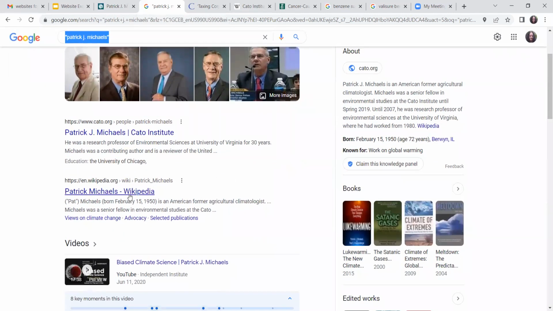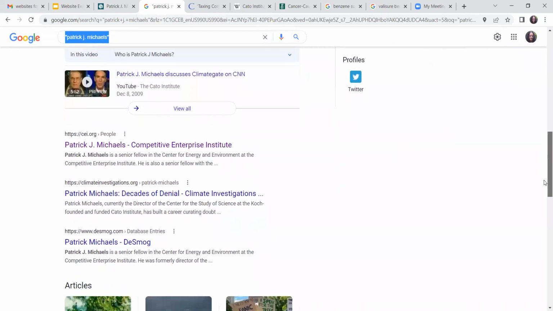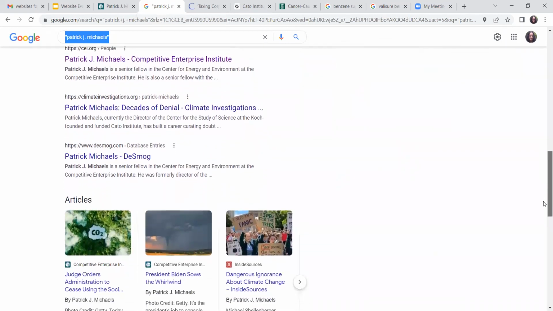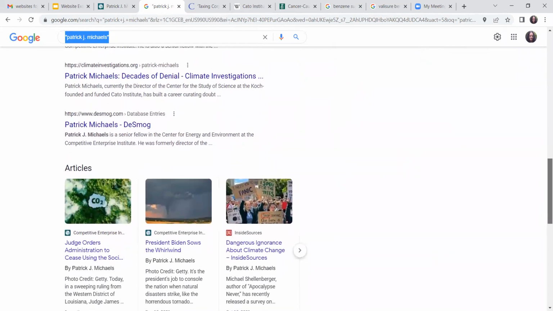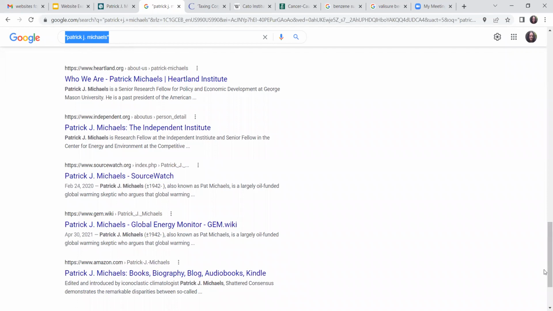There's one Wikipedia page that would be a really good idea to look at to find more information about him as an author. But as we can see down here below, it does have a couple of websites that are questioning him as a source. So for instance, on this Source Watch, it says that he's an oil-funded global warming skeptic.